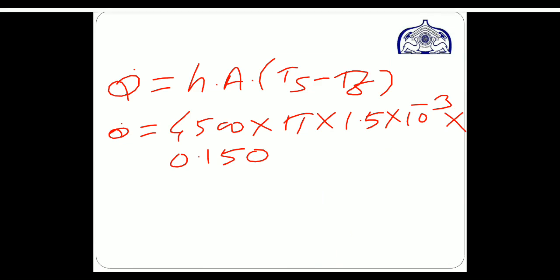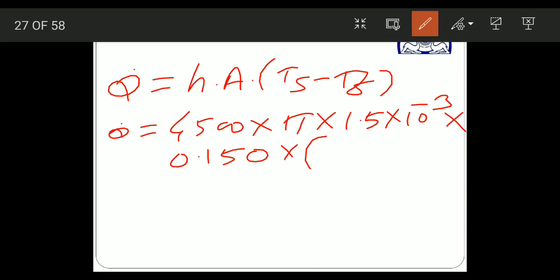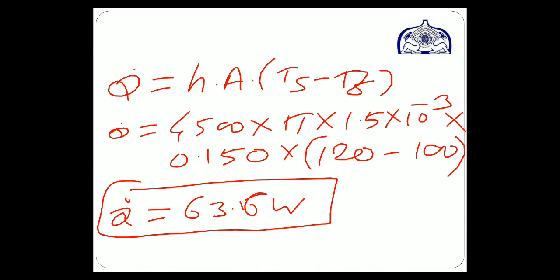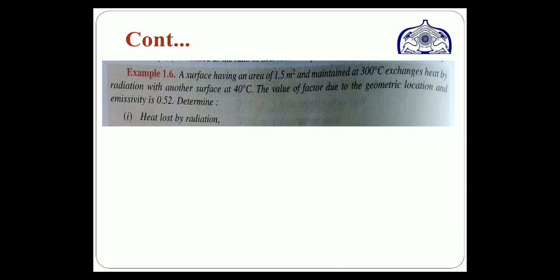In bracket, surface temperature should not exceed 120 when the fluid temperature is 100. So if you simplify this equation, then you will get 63.6 watt. Okay, so this is the question. That is a very simple question.